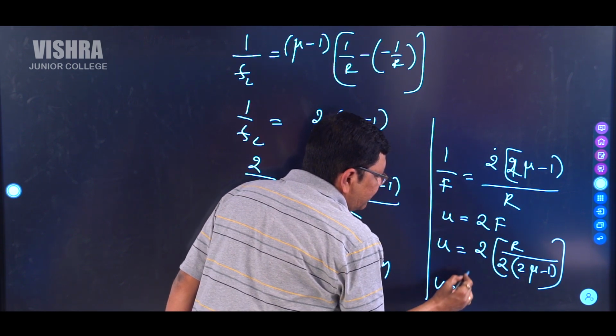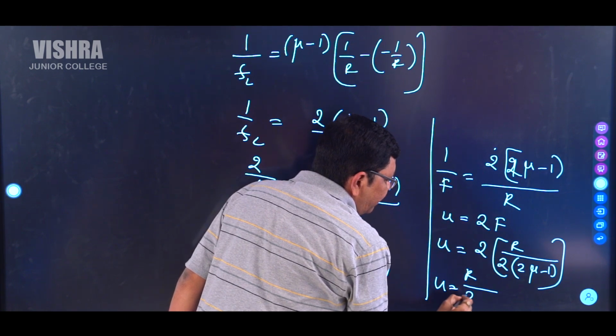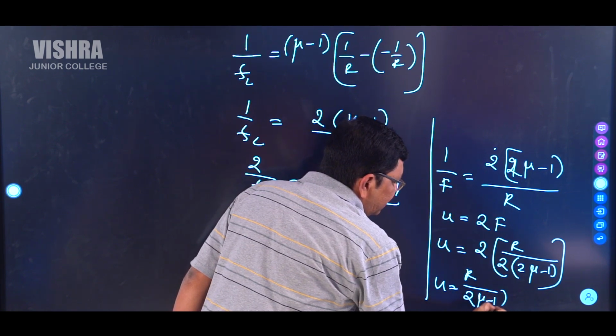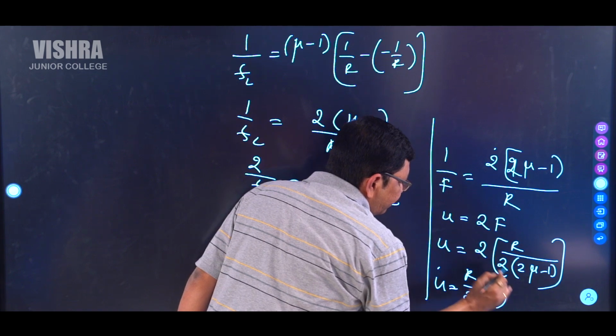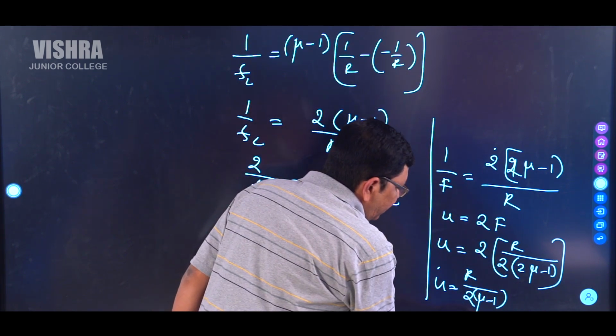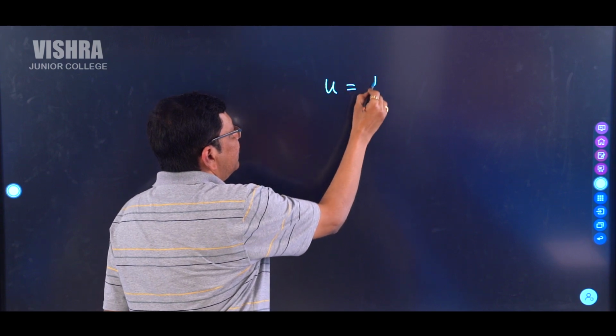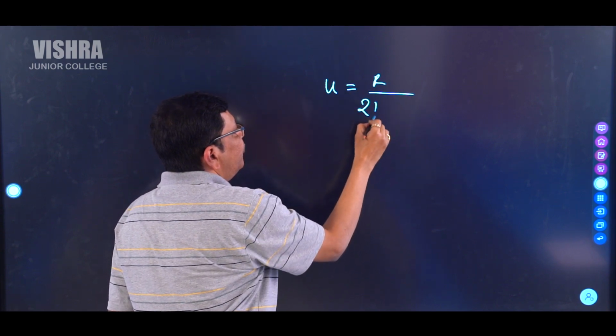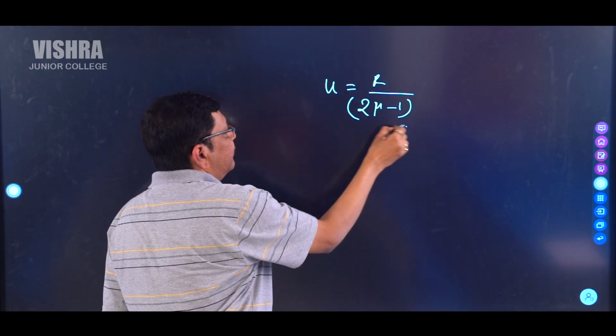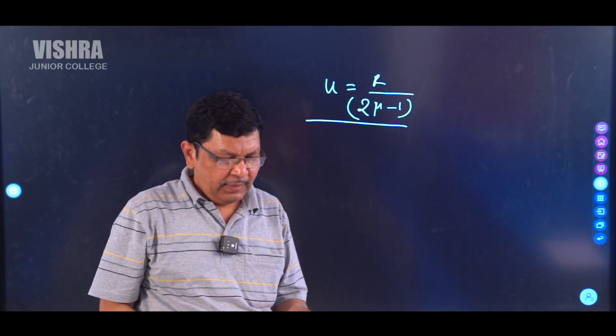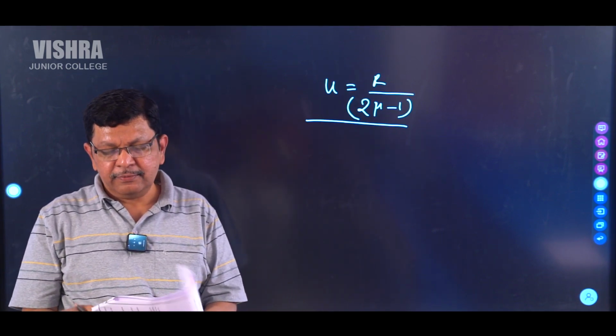Then the object distance will be r upon 2 mu minus 1. This will be the answer for this question. Sorry, it is u is equal to r upon 2 mu minus 1. So this is the one. Let us go to the next one.